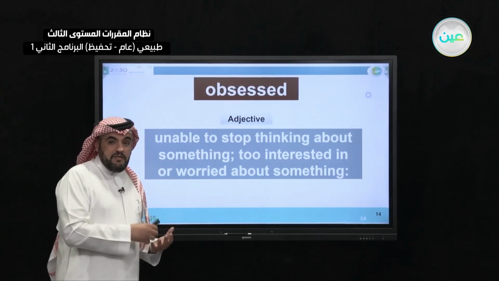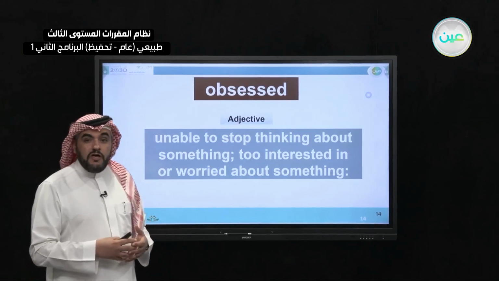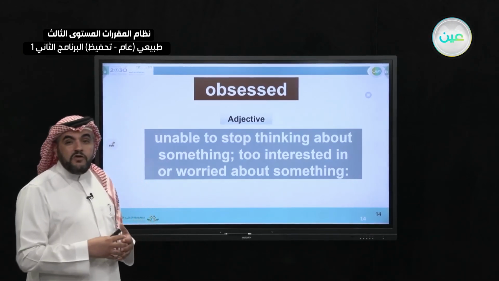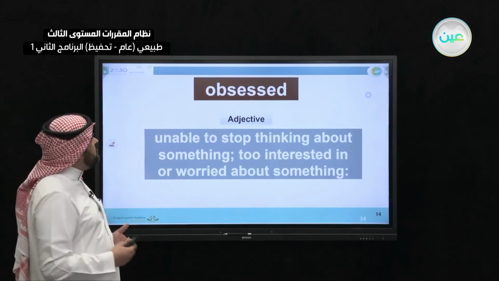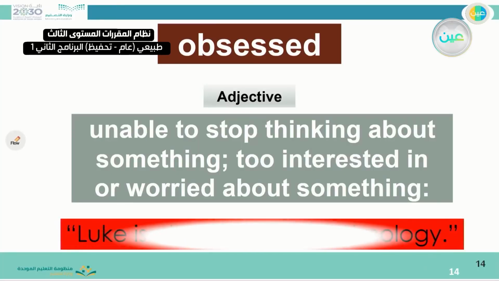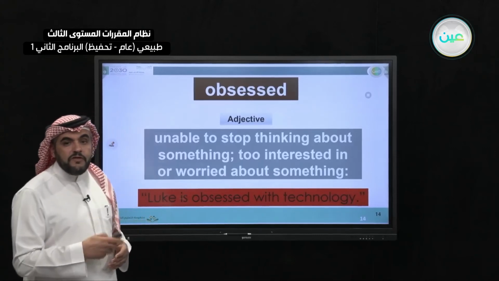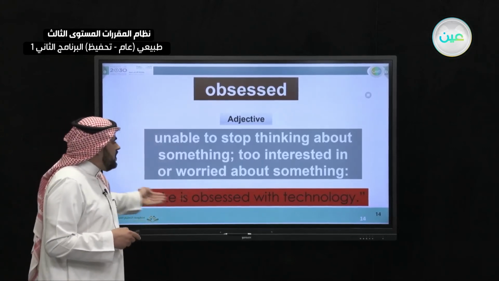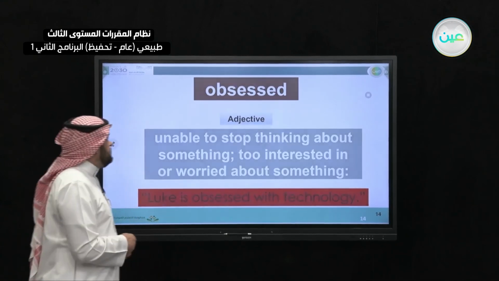If you use your mobile a lot, or if you use the internet a lot, or anything more than normal limits, that means you are obsessed. Luke is obsessed with technology. If you remember Luke from the lesson of listen and discuss, he described himself as obsessed.